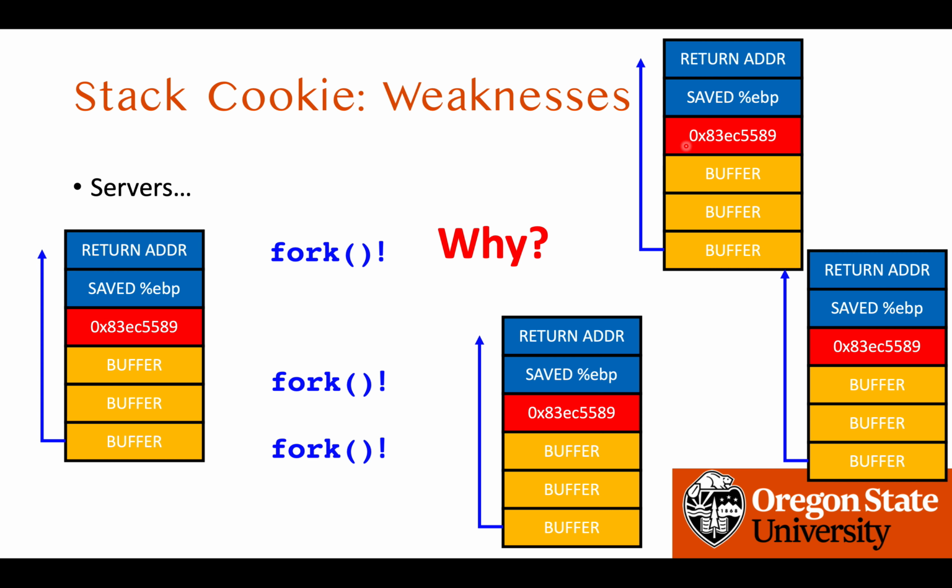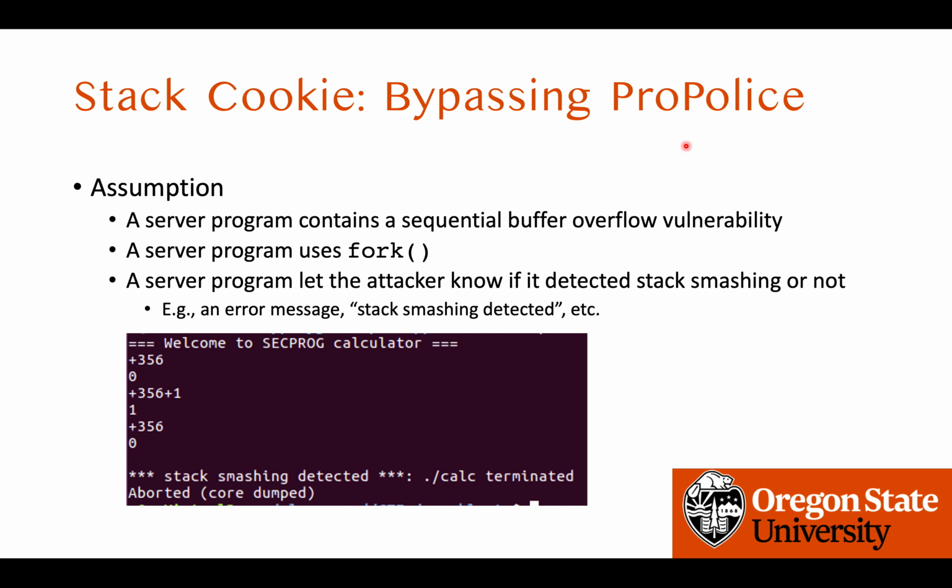Then, why does this reduce your defense security from 1 in 4 billion to 1 in 1024? To prove that, we have a challenge, stack cookie 3, which makes you defeat the stack cookie defense from GCC ProPolice. We make the following assumptions for the attack.